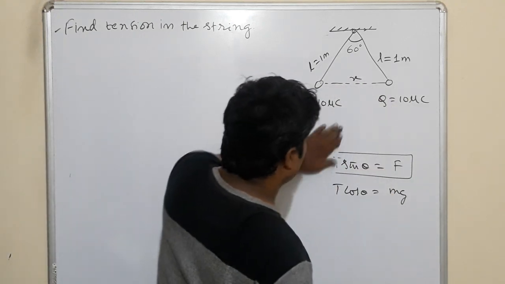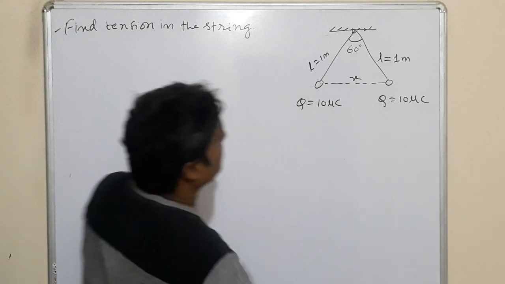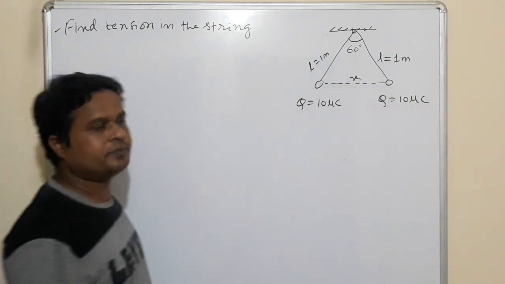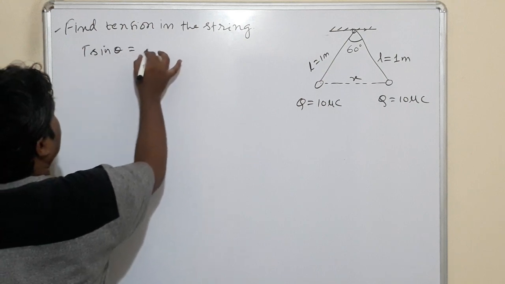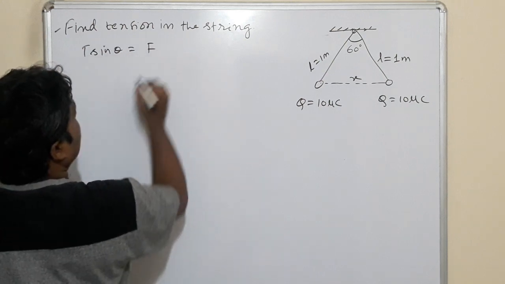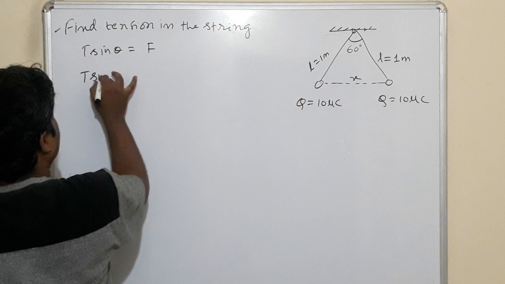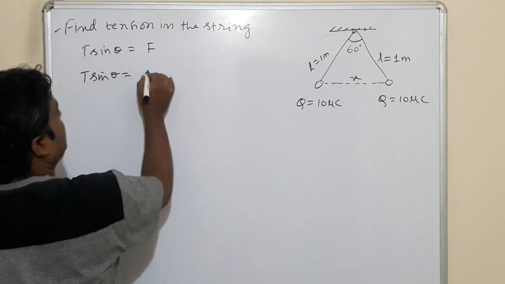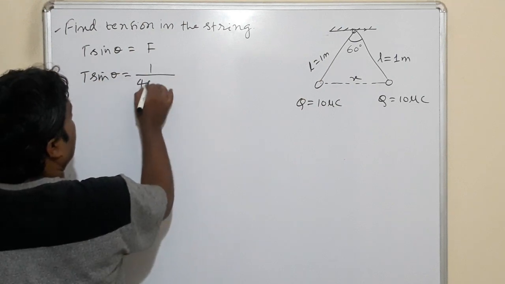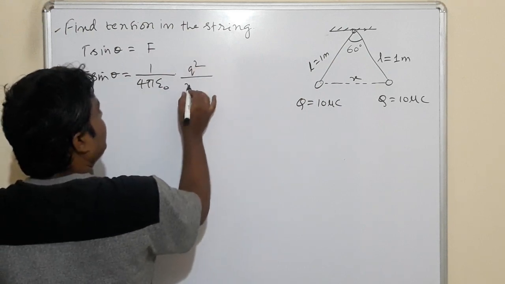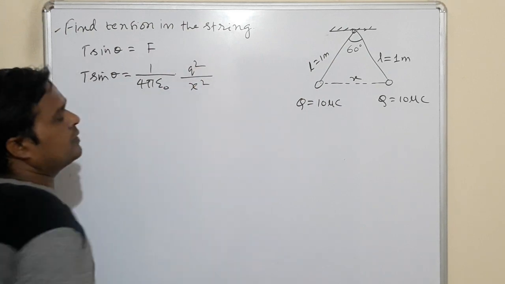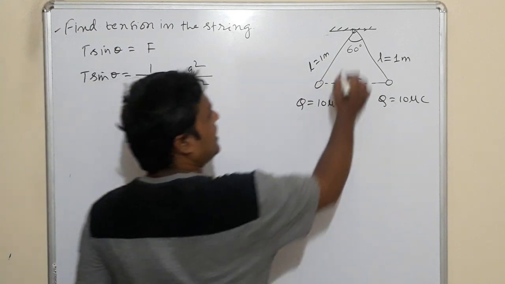Once you are able to find this distance, then you can find the force. I can write T sin theta is equal to F. Here F is 1 by 4 pi epsilon naught q square by x square. Then can you find the value of x here?